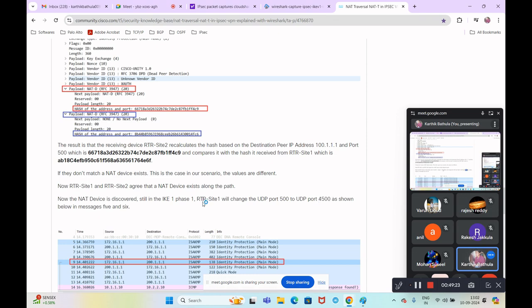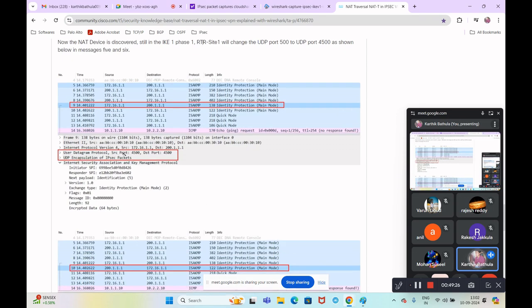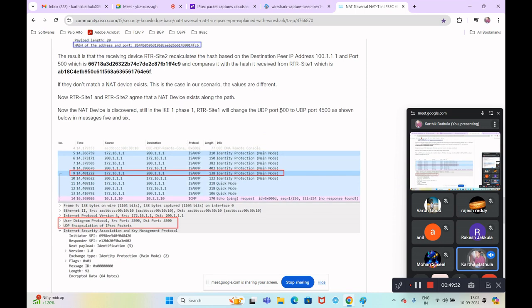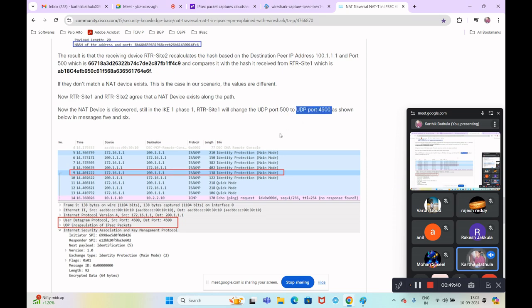I think not only the source port, the destination port also changes. So this is a correction here. Not only the source port, both source port and destination port are going to change to UDP port 4500.